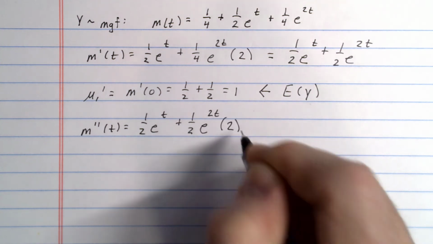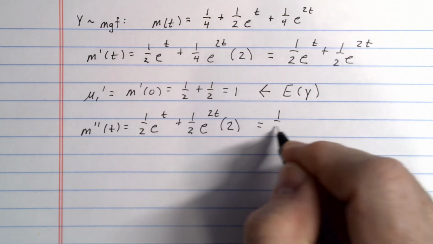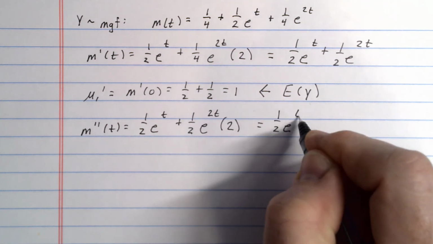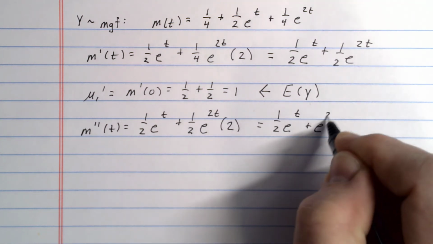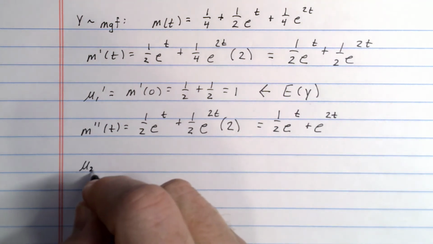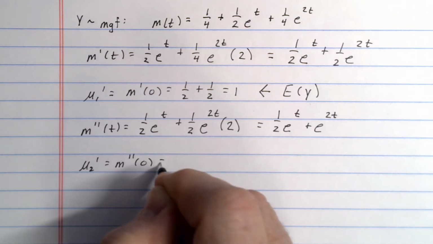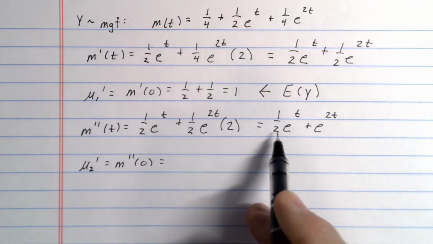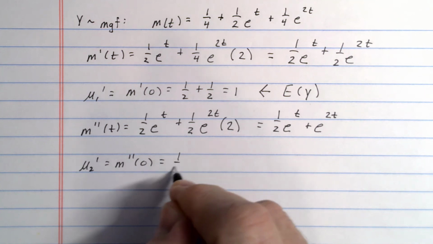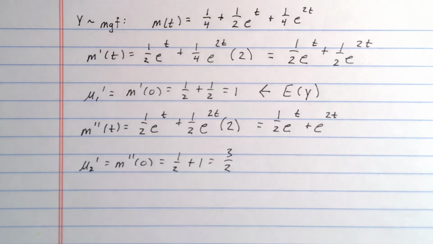Chain rule tells me I get an extra 2. And so what I get is 1/2 e to the t plus e to the 2t. And so the second moment is m double prime of 0. And I think you can see from here that that would just give us 1/2 plus 1, which is 3/2.